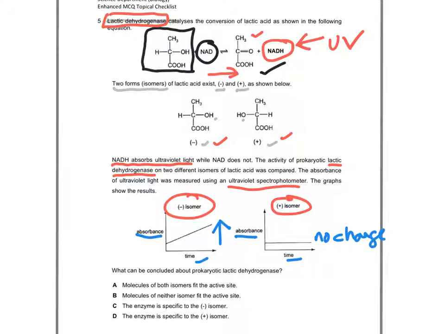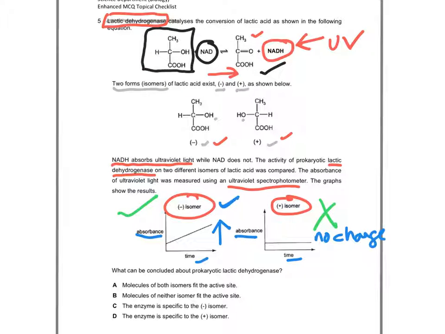It means that the enzyme is able to catalyze this isomer to produce products that are capable of absorbing UV, right? Whereas the reaction does not change here on the right. It doesn't work here, but it works here.